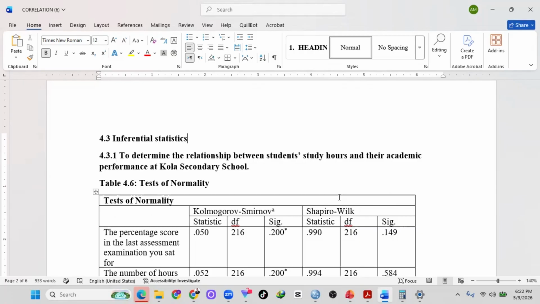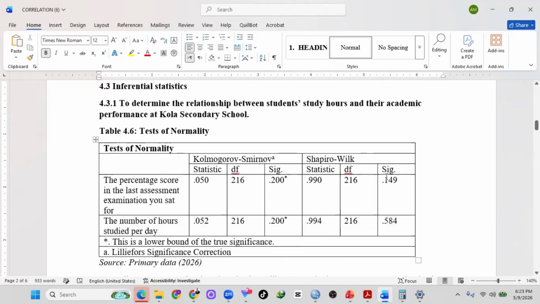So this one makes a lot of sense now that we can go ahead and do our correlation analysis. I am going to show you how this correlation analysis is actually done, okay? So let's begin with objective number 1, which is to investigate the relationship between the students' study hours and their academic performance.